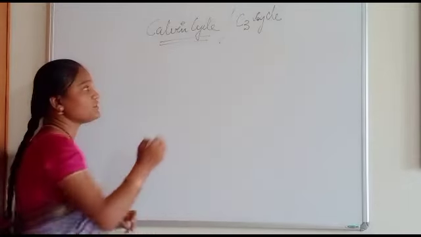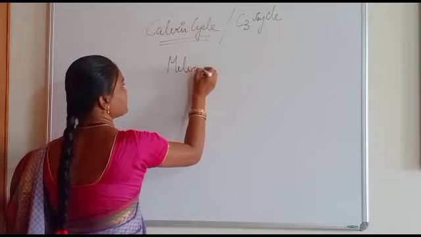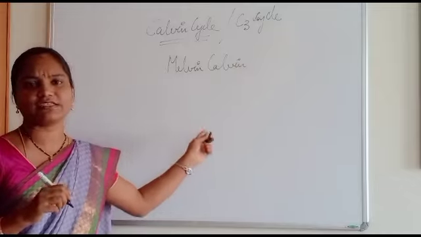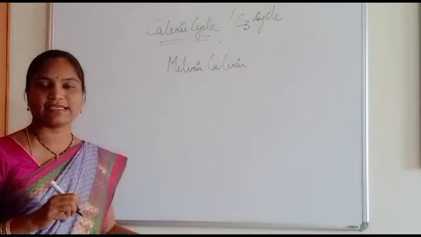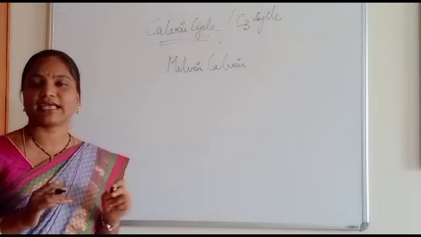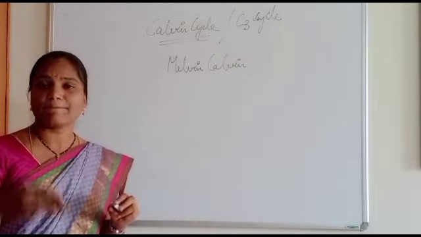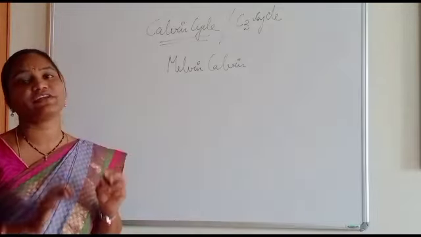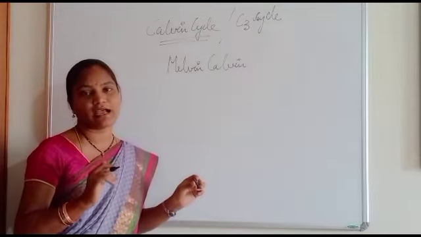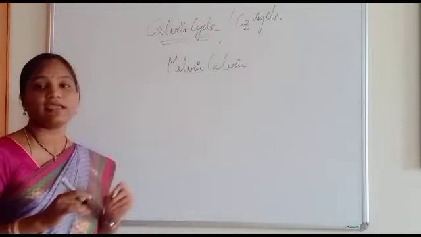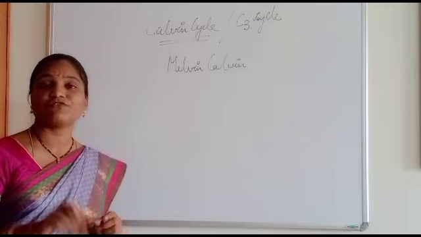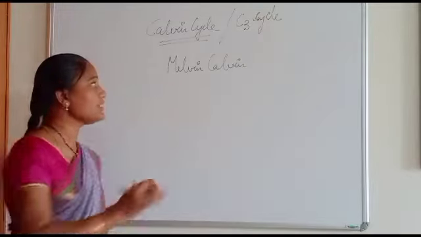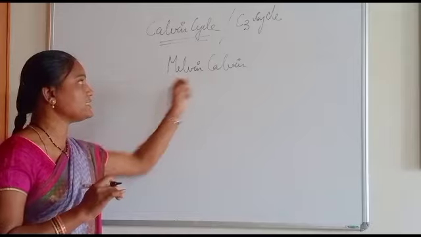This cycle was first introduced by Melvin Calvin. Calvin and his co-workers first demonstrated this cycle and concluded that the starting material for the C3 cycle is a 3-carbon containing compound, hence it is known as the C3 cycle.